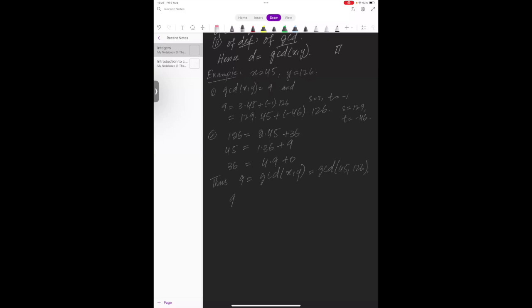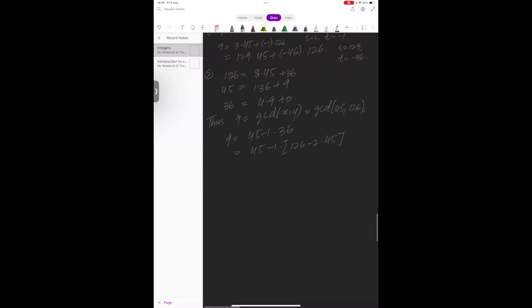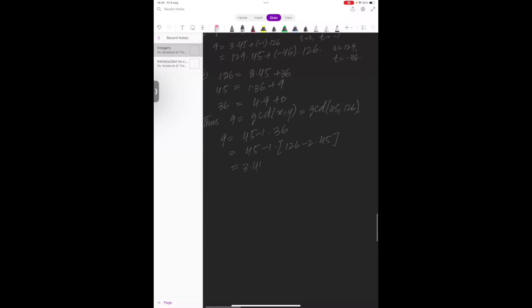Also, 9 can be written as 45 minus 1 into 36. We can also write 45 minus 1 into (126 minus 2 into 45). We can also write 3 into 45 plus minus 1 into 126. That means S is 3 and T is -1.